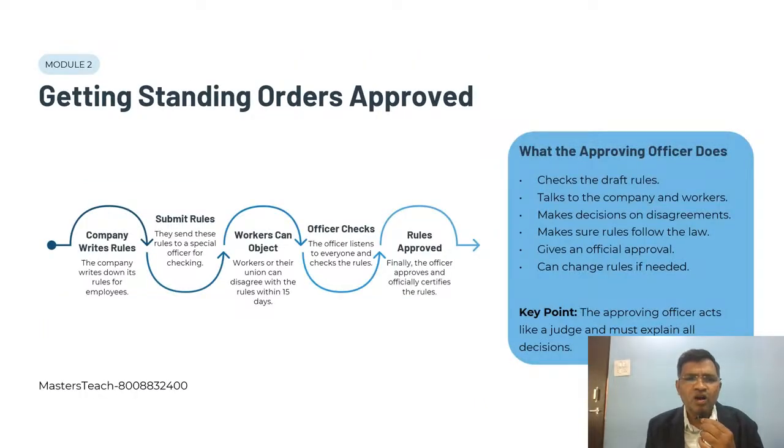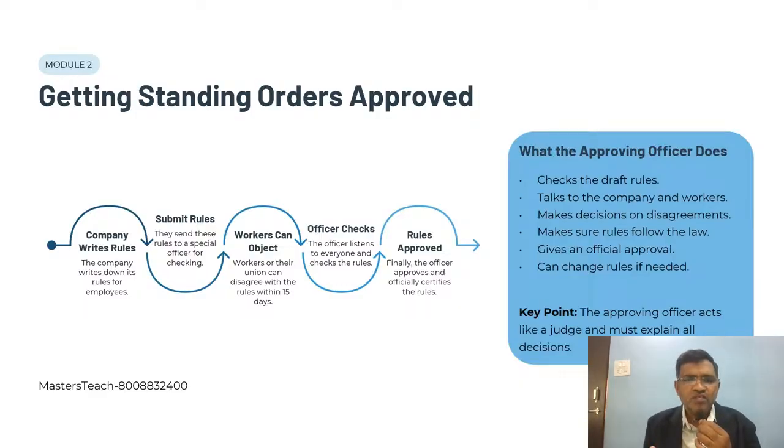So how the standing orders get approved, this is the process. The company writes its own rules for the employees. These rules are submitted to the officer for checking. If the rules are not appropriate or convenient, then workers can object to the officer.